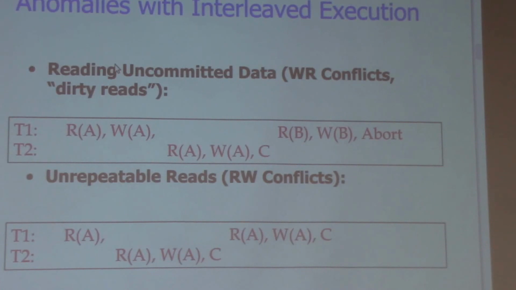So this means write an object A and read an object A, or write an object B and read an object B, by two different transactions. And that creates a conflict. In this particular case, a WR conflict essentially is a dirty read you're trying to perform.